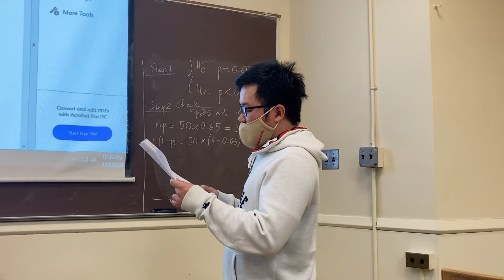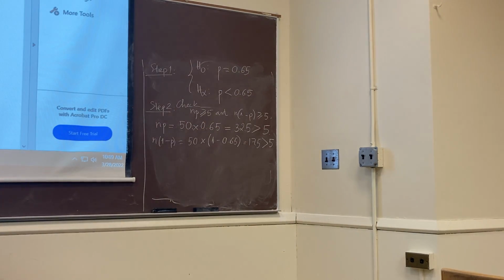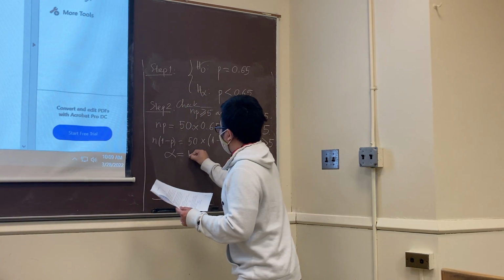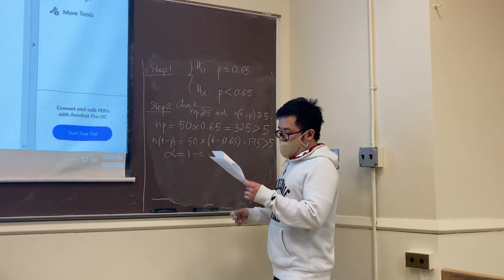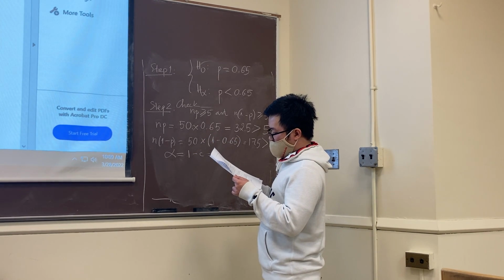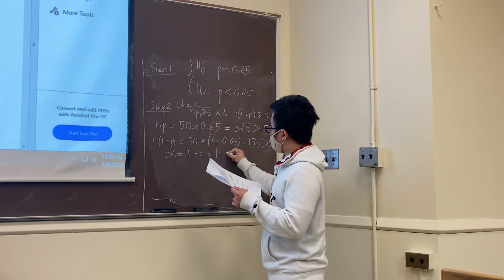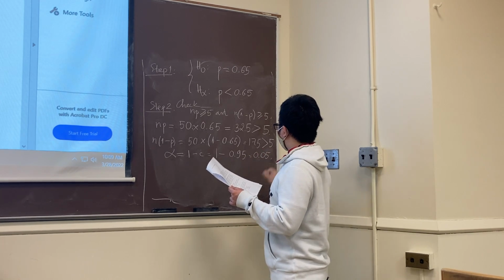Okay. And in the next step, you need to state the level of significance. The level of significance, alpha, is 1 minus C, where C is the level of confidence. The level of confidence here is 95%, so 1 minus 0.95 is 0.05.